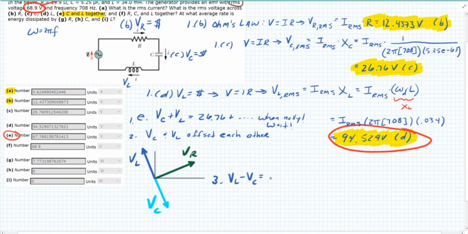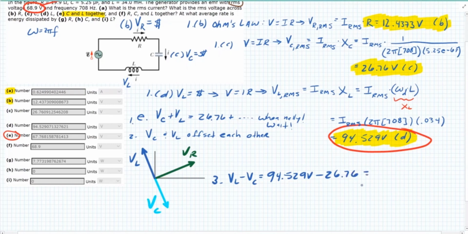VL was the answer to part D. This is my voltage drop across my inductor, 94.529 volts, minus the voltage drop across my capacitor, which is part C for me, that 26.76 number. That is the difference.